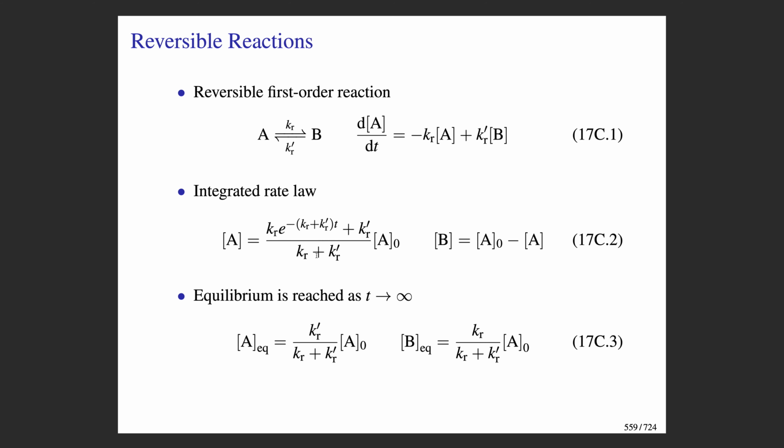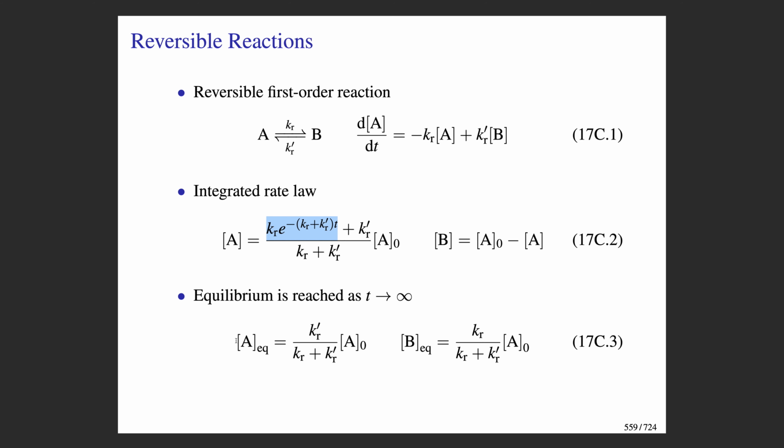By definition, when you have a reversible reaction, the long time limit is the equilibrium limit. So if you wait long enough, eventually this reaction will come to equilibrium. If you take the integrated rate law here and substitute in t equals infinity, e to the minus infinity gives you 0, so this numerator cancels out, and it leaves you with k_r prime over the sum of the two rate constants times the initial concentration of A, A0.